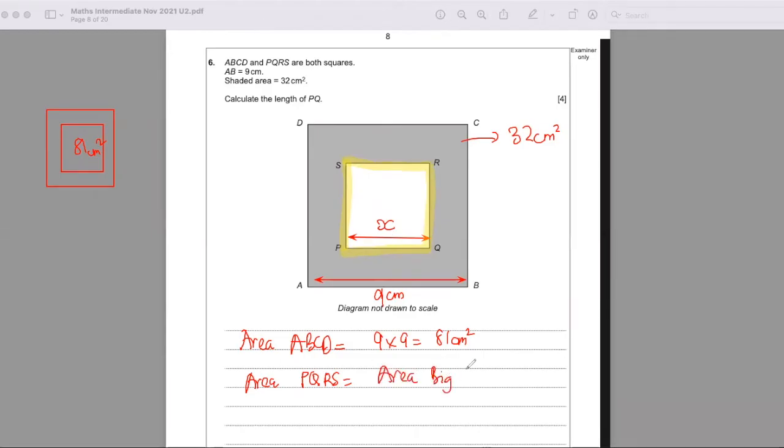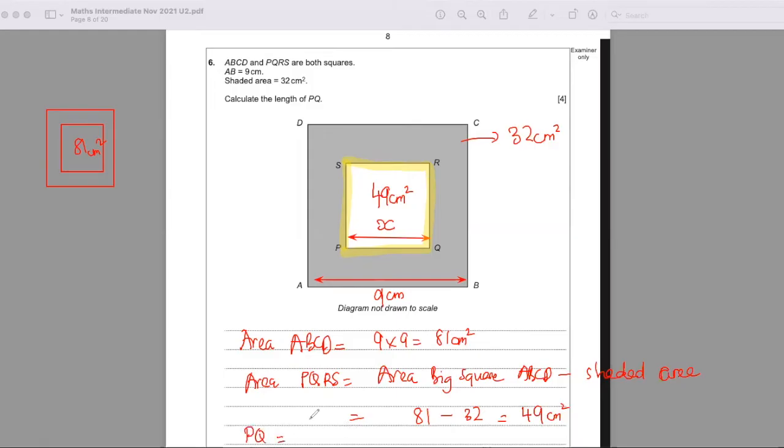will be the area of the big square ABCD, taking away the shaded area. I know the area of the big square, I just worked it out, 81, and take away the shaded area, 32, is 49 centimeters squared. So if this is 49 centimeters squared, how do I work out PQ?